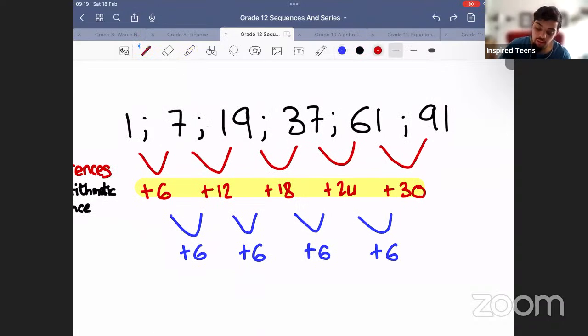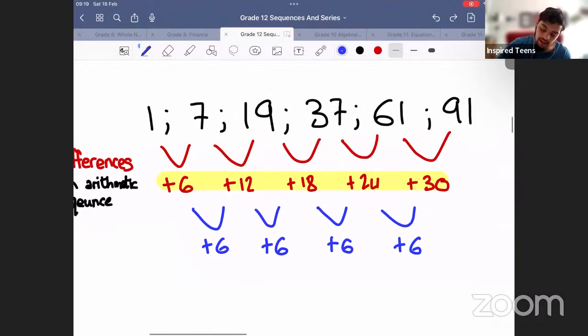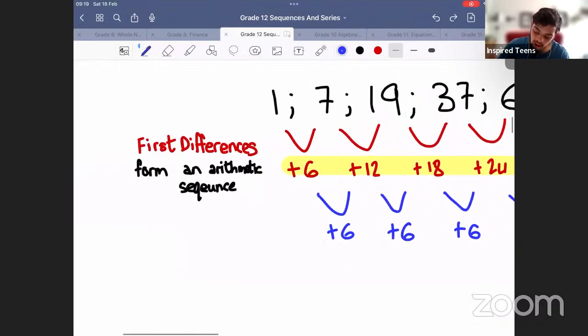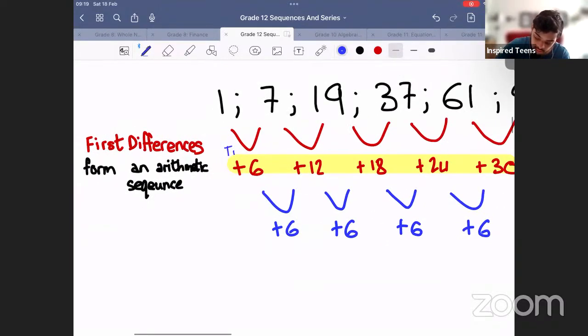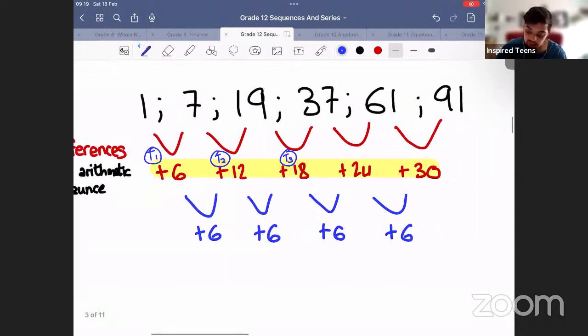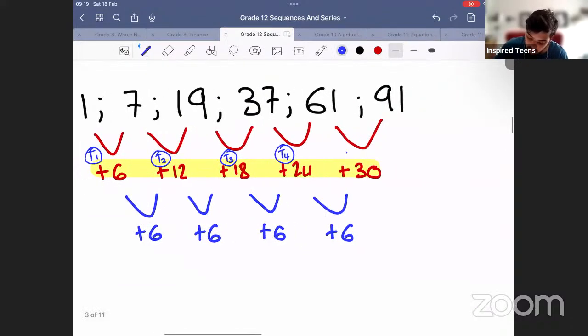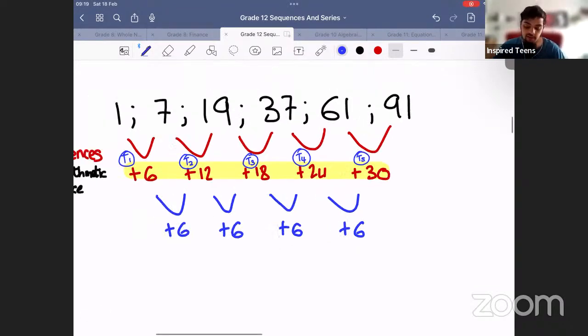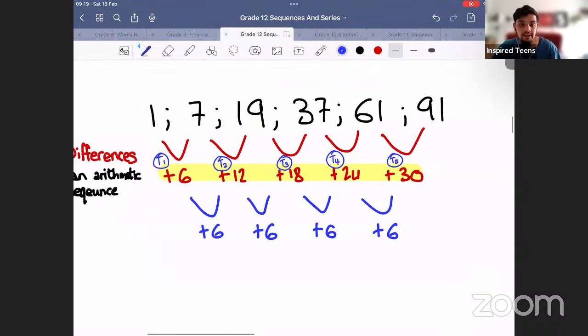One more thing that's important to know is, let us identify, in my arithmetic I have T1, T2, T3, T4 and T5.